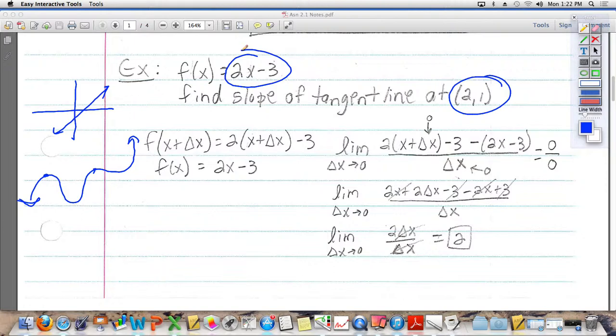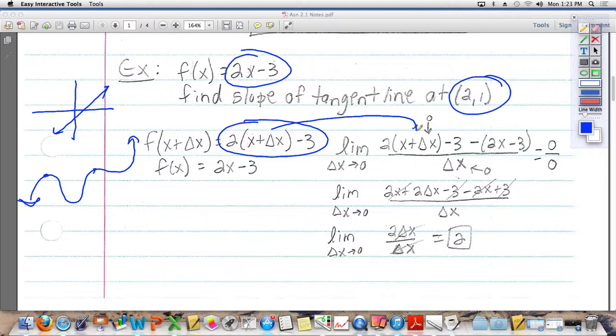So you have the 2, you have x plus the change in x, finish your parenthesis, minus 3. And then you're going to subtract from it the original function, which is just 2x minus 3. I just rewrote it from up there. All right, so the limit as the change in x approaches 0 is equal to this thing right here, minus the original function, which is 2x minus 3.